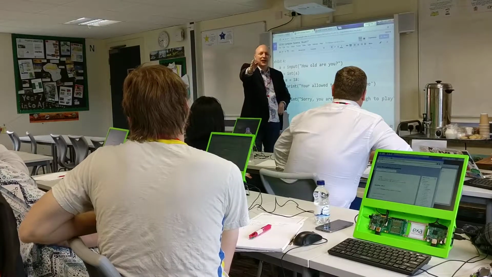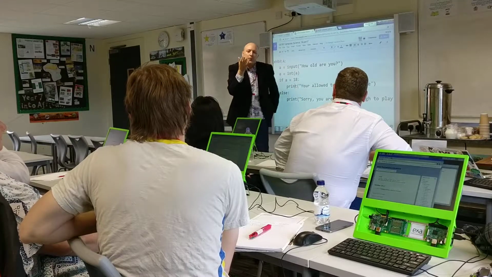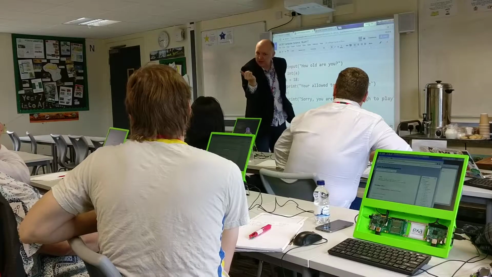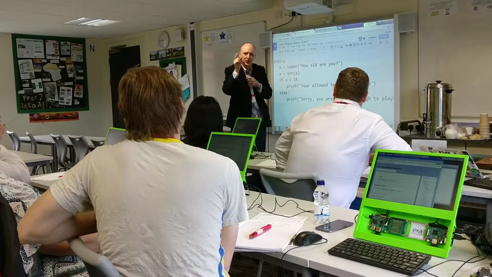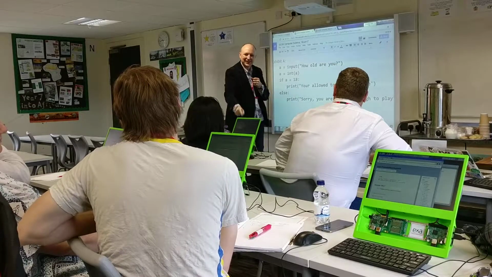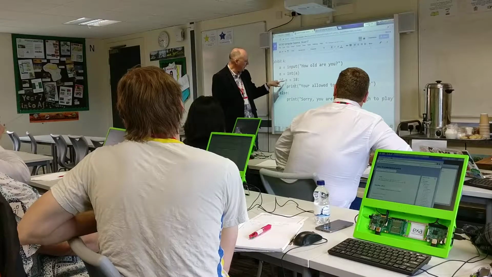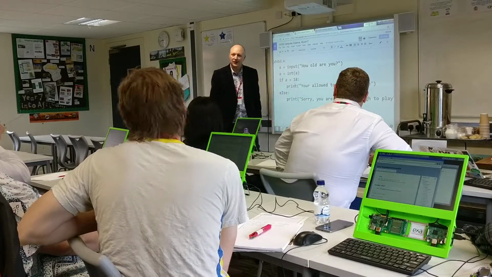Scott. Now, I didn't ask you how old you are when you came in here today, but I'm going to make an assumption that you're probably older than 18. Am I correct? Yeah. So what message would you get if you answered this question truthfully? It depends a bit on the logic operator. But if it would say, if A is equal to 18, it would tell me I'm not old enough to play.